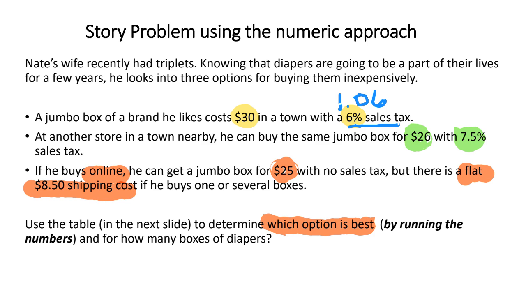Now, this particular running the numbers is not going to be a sole number. It is going to be a sentence answer. And you're going to see when we look at the next table.